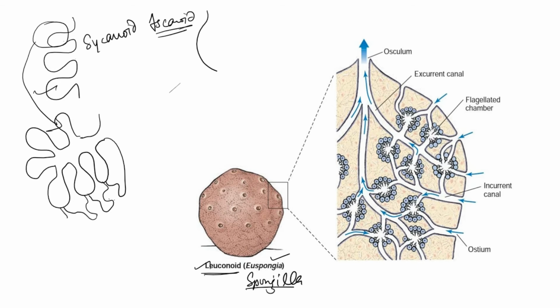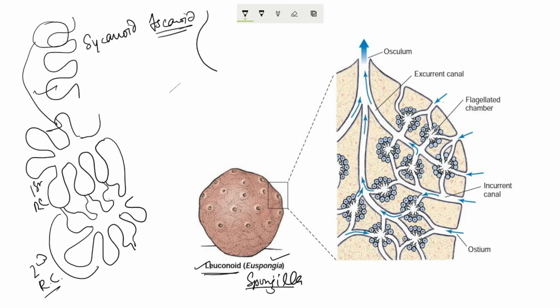This is the waterfront here. It is going to enter through the dermal pores. Okay, this is your ostium, or you can also call it dermal pore. From the dermal pore, it is going to enter into the incurrent canal.